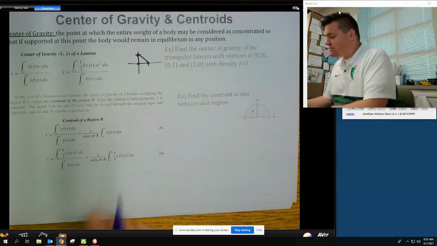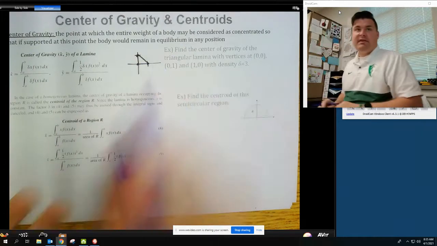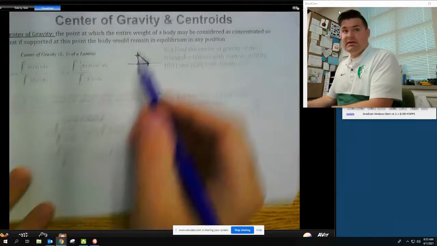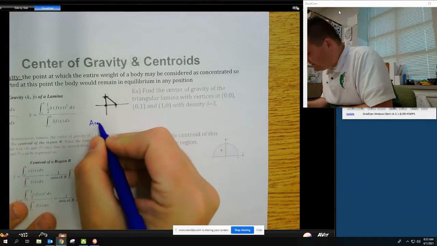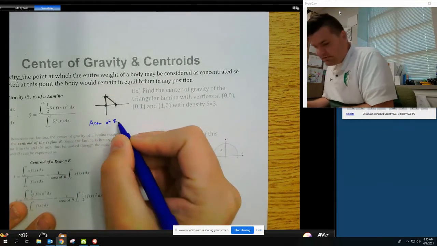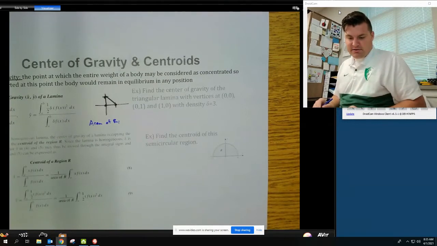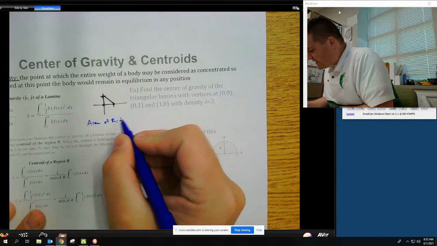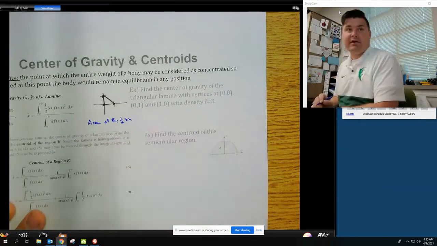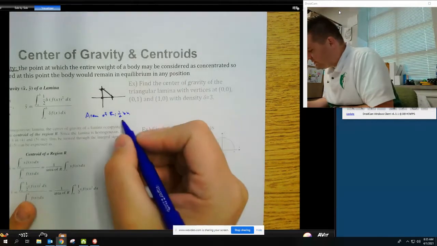What we need to do is find the area of this, and then start plugging it into these formulas down here. So for the area of R, that's not hard to find. This area right here is a triangle, so it's 1/2 base times height. Base is 1, height is 1.